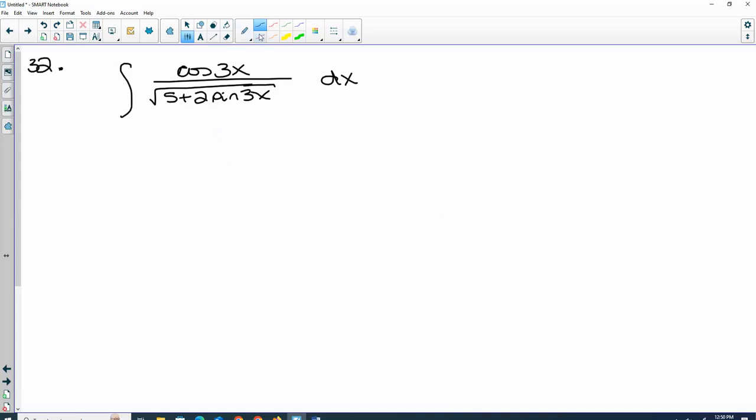Alright, so what would we have to do on this one? Okay, we have talked about u needing to be the inside. Don't make it too complicated. When I'm looking at this fraction, u should always be the denominator, but make it the inside. I wouldn't even include the square root because we don't want to have to do chain rule. I would just look at this part.